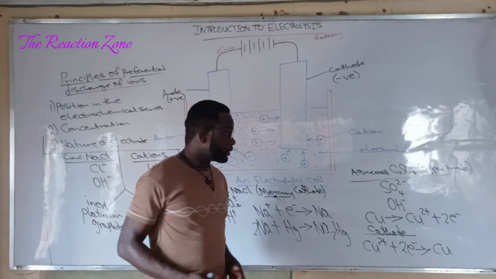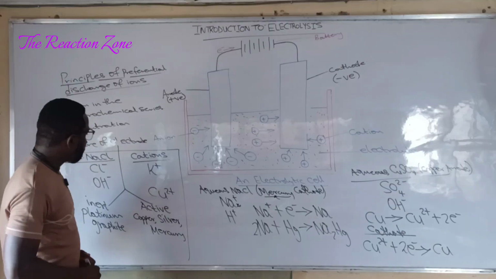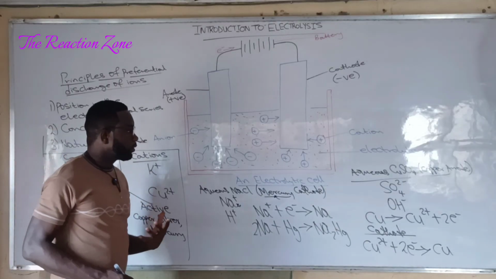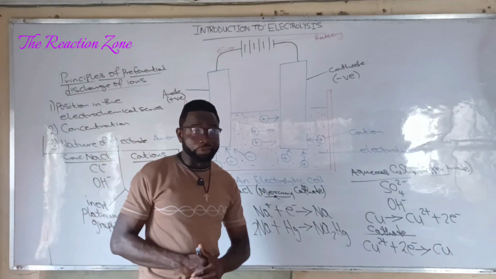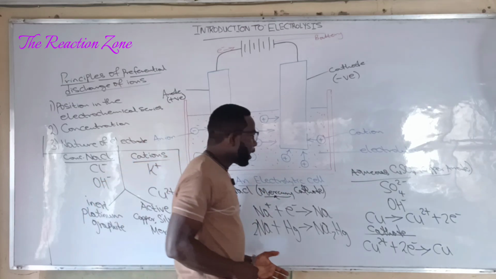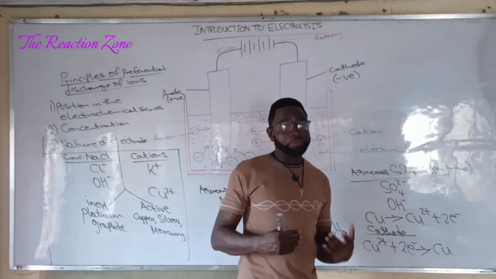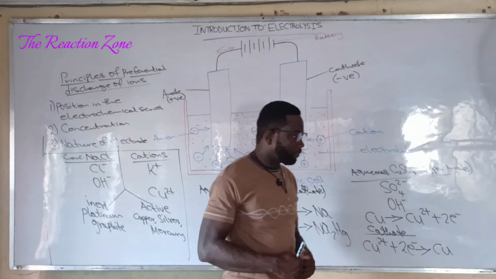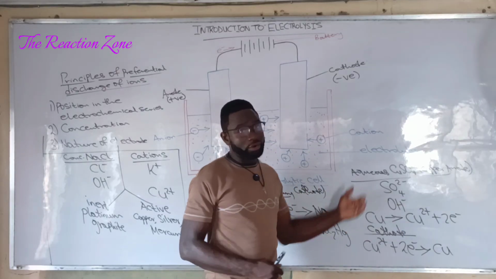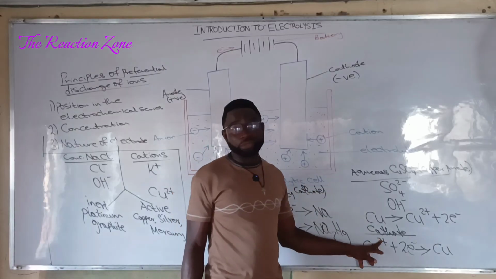So what this means is that in the electrolysis of aqueous copper 2 sulfate using copper as the anode, neither hydroxide ion nor sulfate ions is deposited at the anode. Instead, the copper atoms on the anode are transferred from the anode to the cathode.